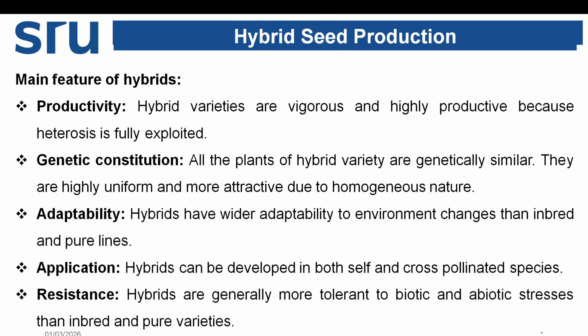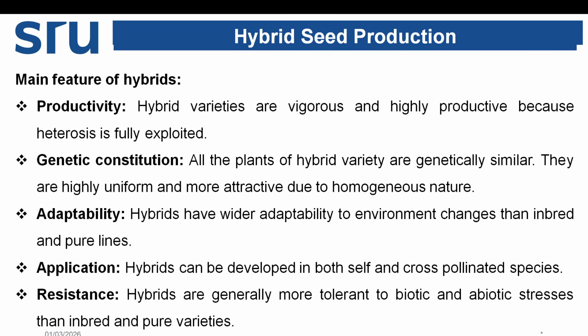Then the second point, it is genetic constitution. All the plants of a hybrid variety are genetically similar, right? They are all heterozygous in nature. They are phenotypically uniform and more attractive due to homogeneous nature, right? Then the third main feature is adaptability. Hybrids have wider adaptability to environmental change.